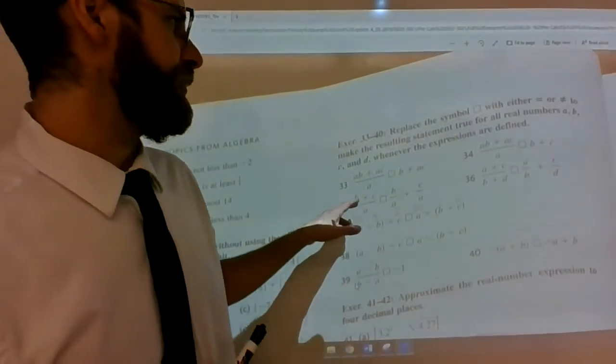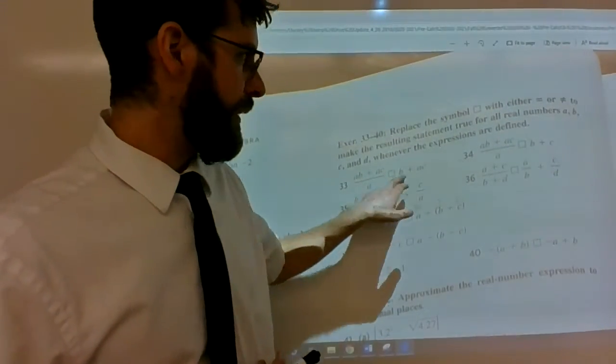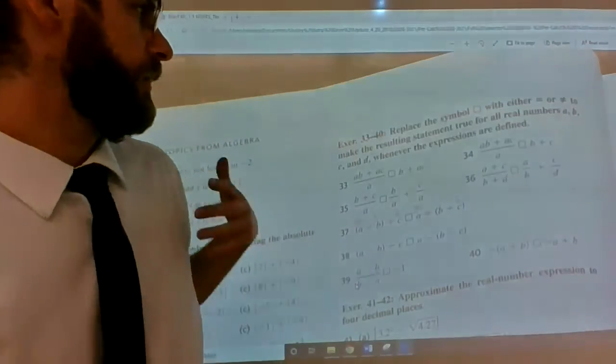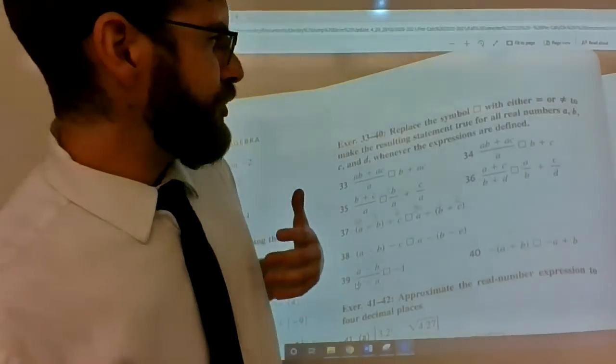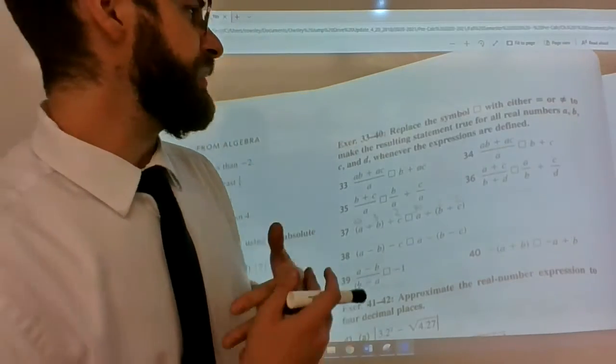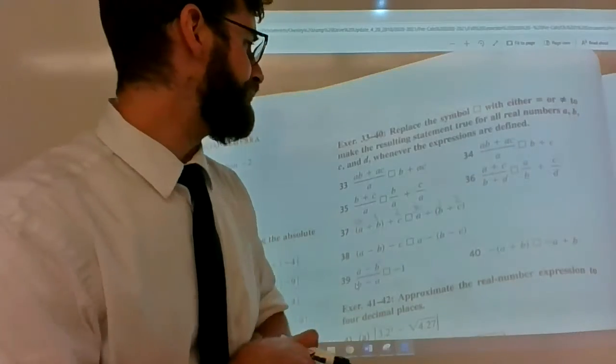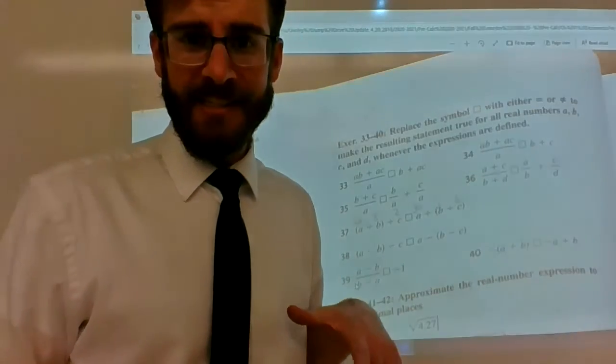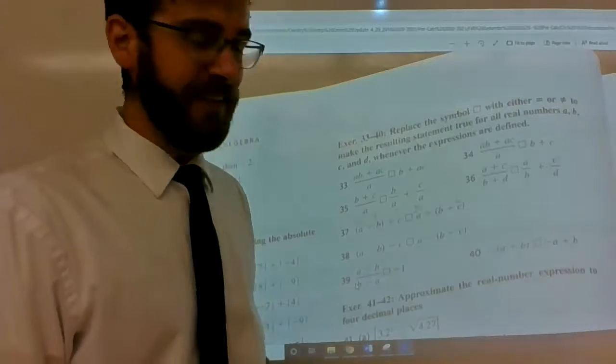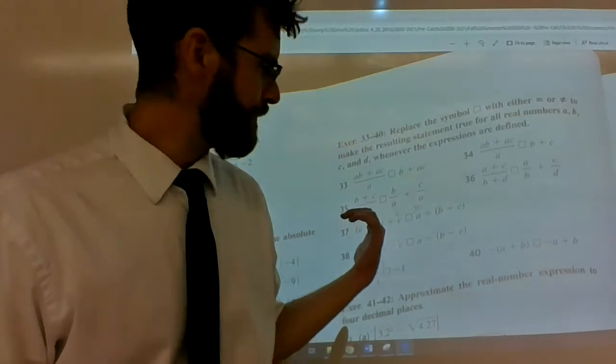So when you see number 33, it says replace the little box in between them with a symbol equal to or not equal to make the resulting statement true for every single number A, B, C, D. So it's like saying it's got to work for any numbers you plug in there.